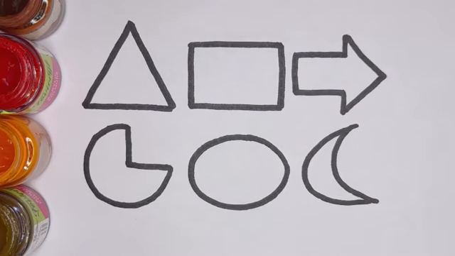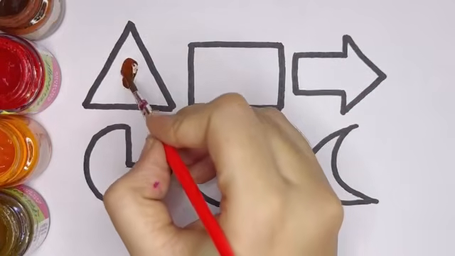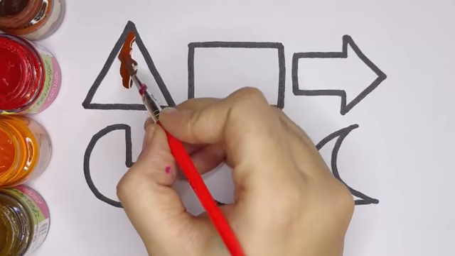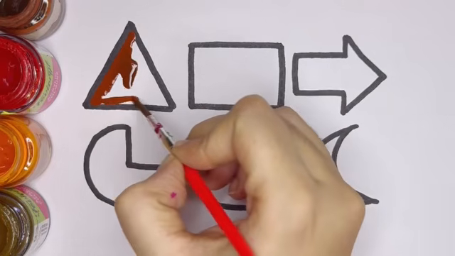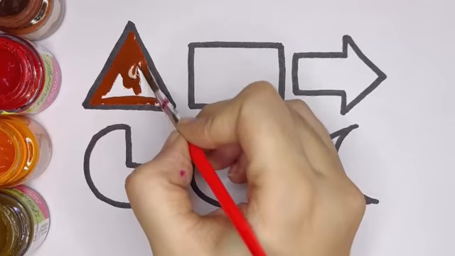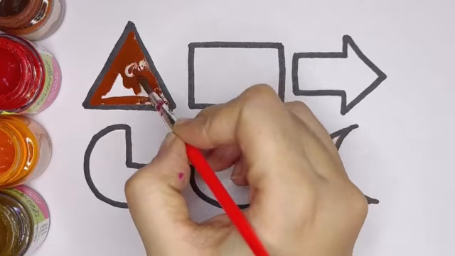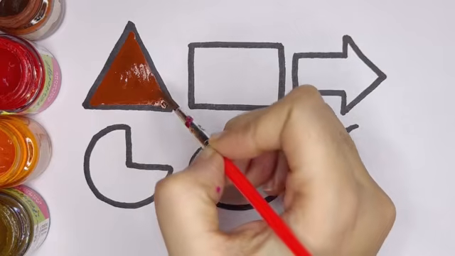Now let's color the shapes. Brown color, triangle. This is brown color, triangle. This shape is called triangle.